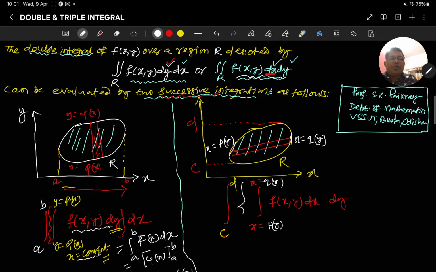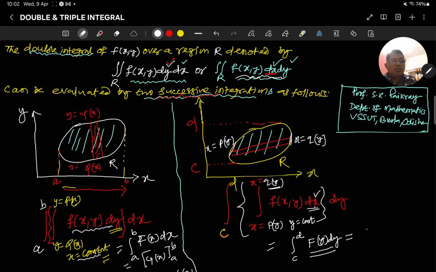And while we evaluate the inner integral with respect to x, you see this is x, the opposite variable is y, and this y is treated as a constant here. Once you evaluate this integral, it will give you the integral from c to d, where in place of x we are substituting p(y) and q(y). So it is going to be a function of y only.